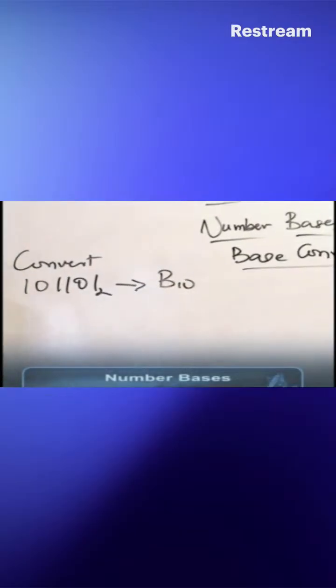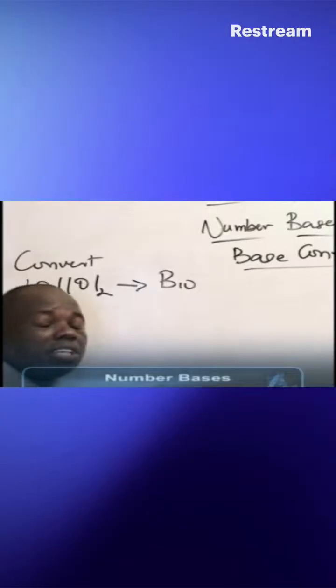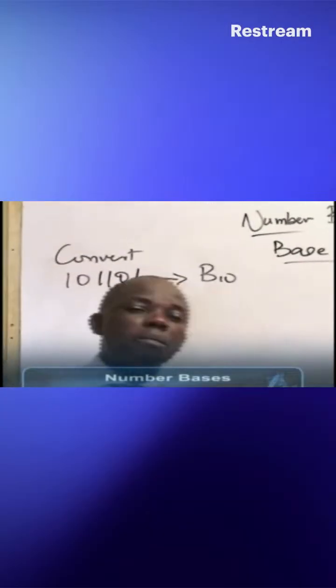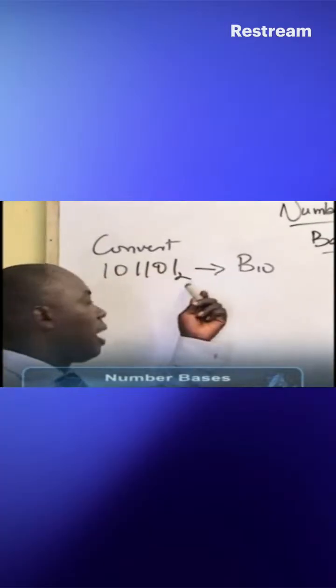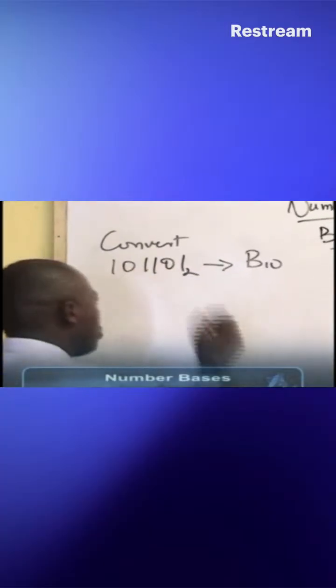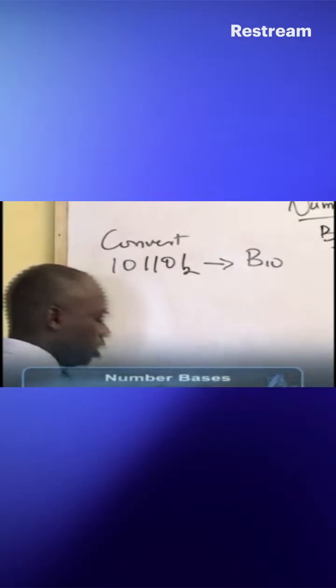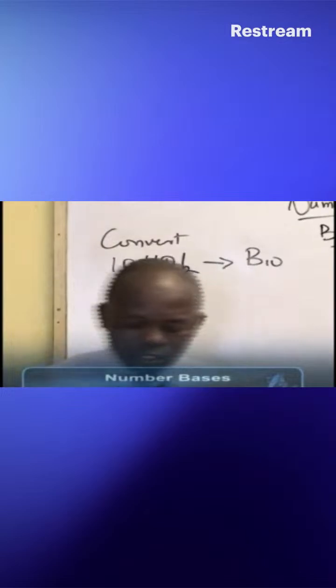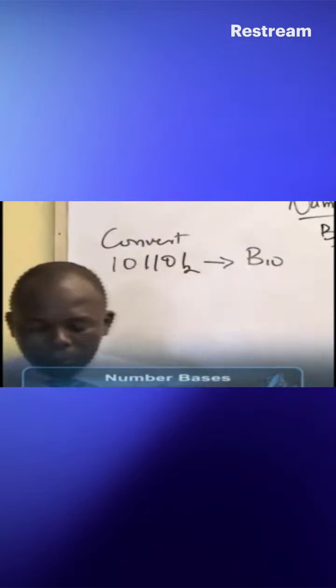The difference with this one is that it's a series of multiplication and a series of ascribing powers to the number you are converting. This is 2. This is 2. So we have 1 0 1 1 0 1 base 2 to base 10.